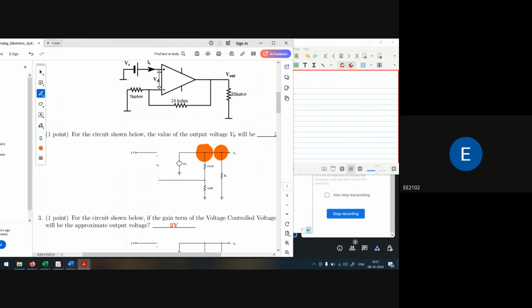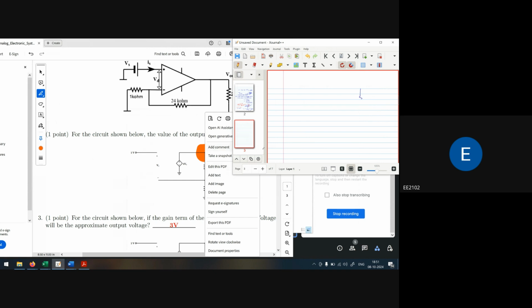Any doubt? Okay. Now, if the voltage between these and ground is V naught, what is the voltage at this point? I have two resistances and the voltage V0.